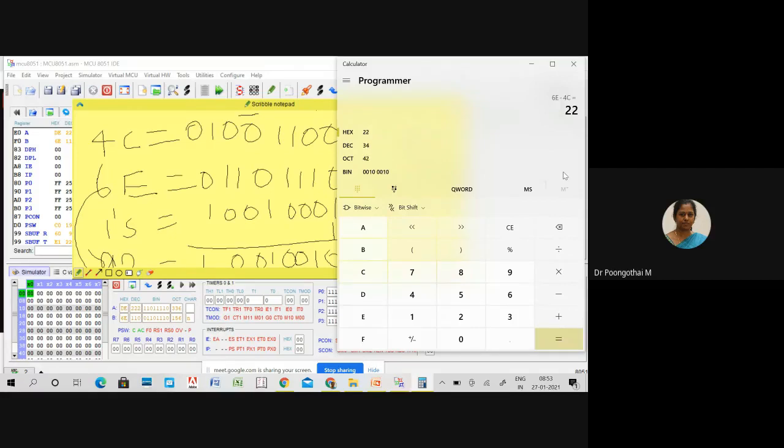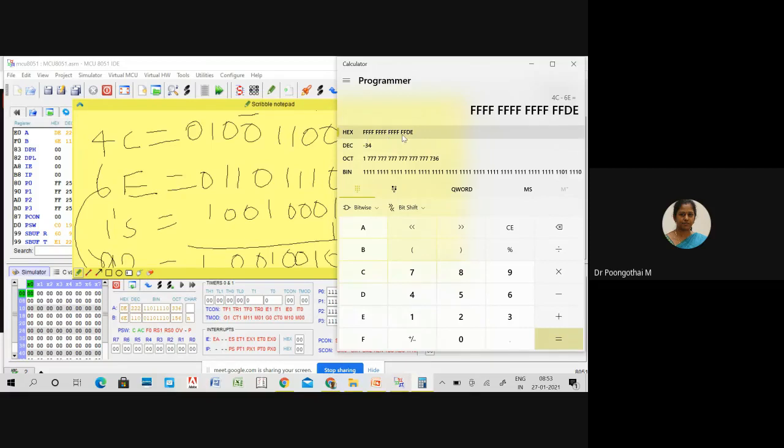What is the answer? The original answer is 22. So here the subtraction is reversed. Just we'll find out the answer. So clear this. I'm subtracting now 4C minus 6E, that is subtracting the larger number from the smaller. So what is the answer?